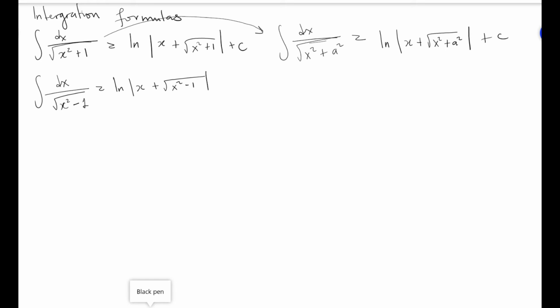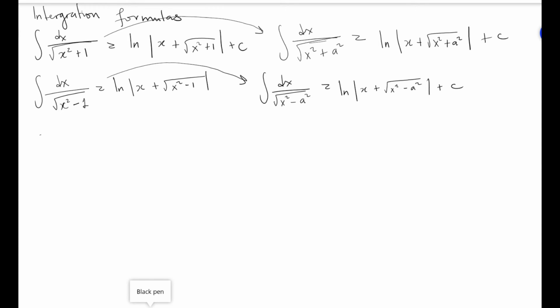The general formula, just remember: dx over the square root of x squared minus a squared is equal to ln of x plus the square root of x squared minus a squared, plus c.